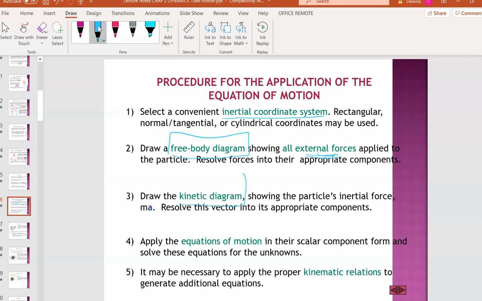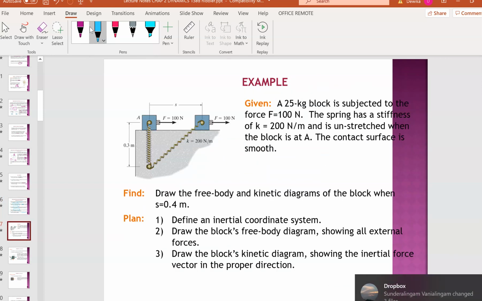And then you need to draw the kinetic diagram. I'm going to show some examples later. These two carry marks. It's very important. And then only you write your equation of motion. So these are the steps involved. And of course the last part is to apply the kinematic relations to generate additional equations so that you can solve. So we're going to go into an example.